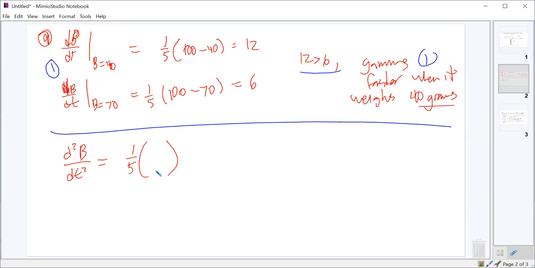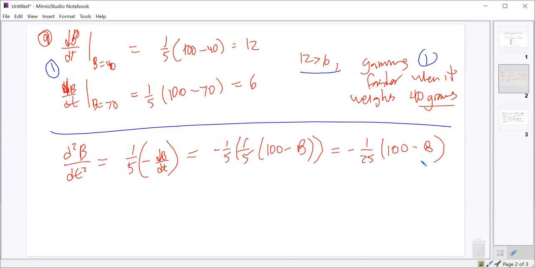And the derivative of 100 minus B, so effectively just the derivative of negative B, is negative dB/dt, because you're taking the derivative of B with respect to t. And so then we'll just rewrite this as negative 1/5 times 1/5 of 100 minus B, which is negative 1/25 of 100 minus B.